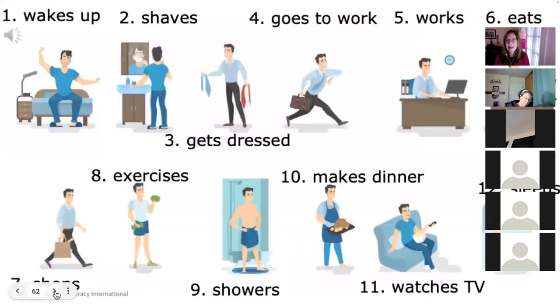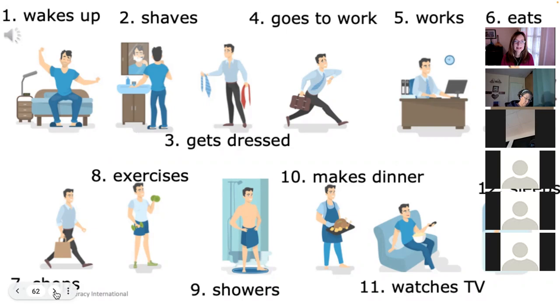Okay. And a great way to review these simple present verbs is to talk about routines, because this is a place where we often use the simple present to talk about things that we do every day or often or a couple of days a week. So we can ask our students, this is one of the slides from our A1 curriculum.